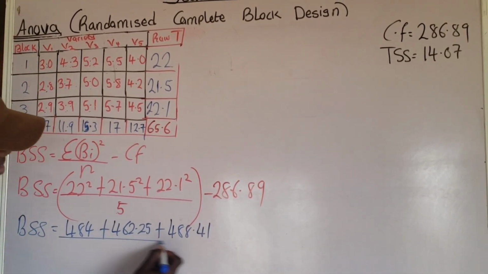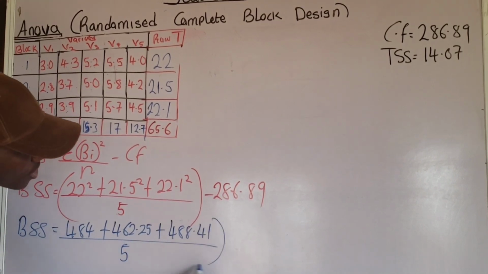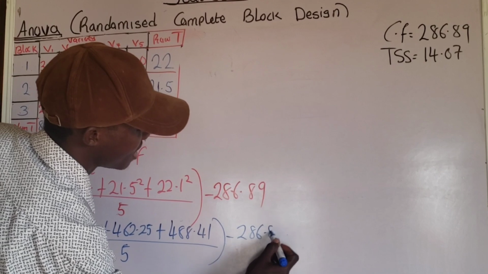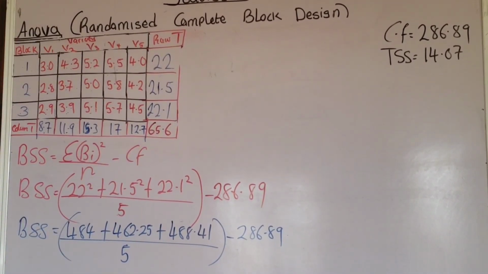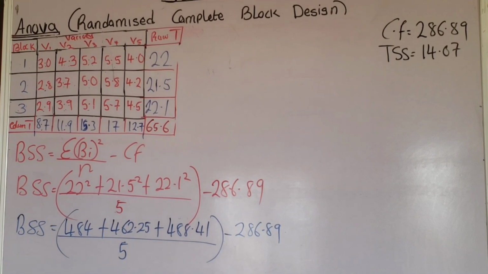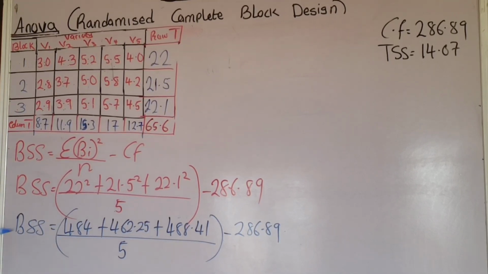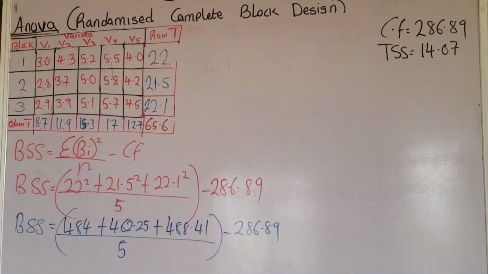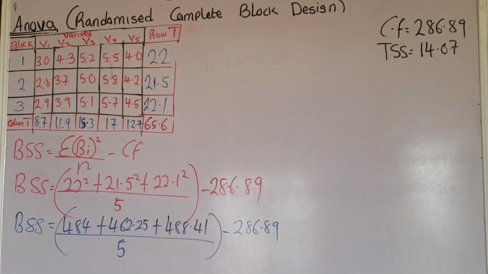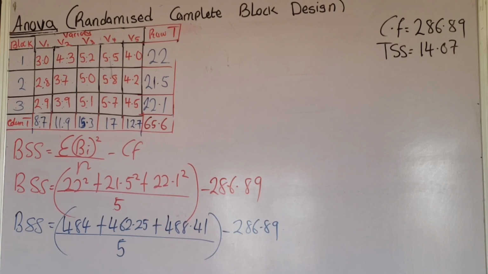All over 5 minus the correction factor, which is 286.89. Do you understand? Okay, now let us sum the numerator together: 484 plus 462.25 plus 488.41. What's the answer? That is 1434.66.